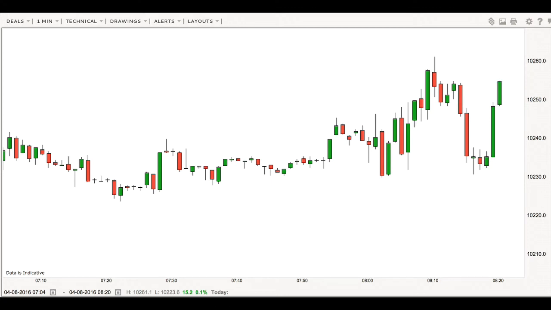So if we'd have actually bought above those two inside bars on the way up, we'd have had a nice trade. And so we're looking for rejection. 10,260, we're there, and we're looking for rejection or acceptance at this particular level. And first of all, what we're likely to get is some sort of hesitation. So if we get hesitation and it starts rejecting at that level, then we'd actually come out of our trade at that point in time.